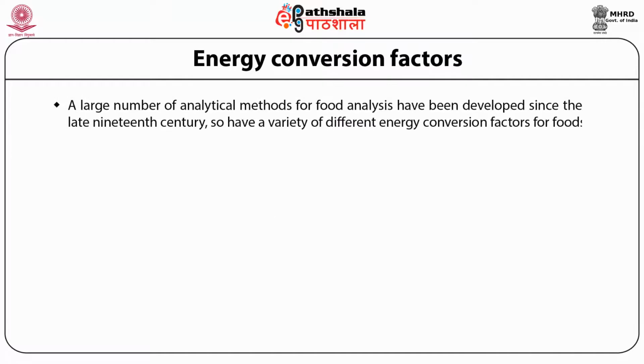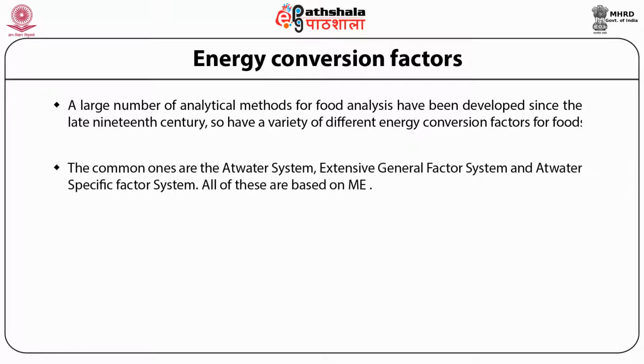A large number of analytical methods for food analysis have been developed since the late 19th century. So have a variety of different energy conversion factors for foods. The common ones are the Atwater system, extensive general factor system, and Atwater specific factor system.